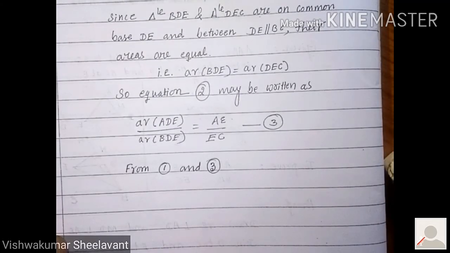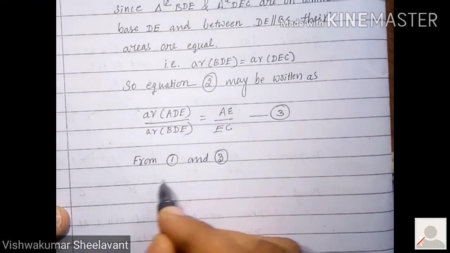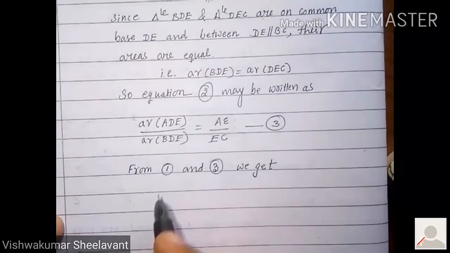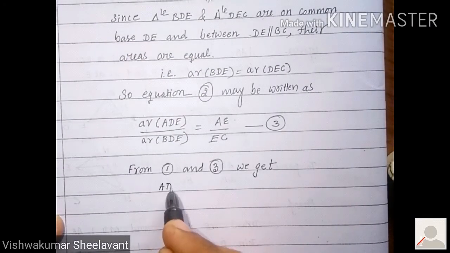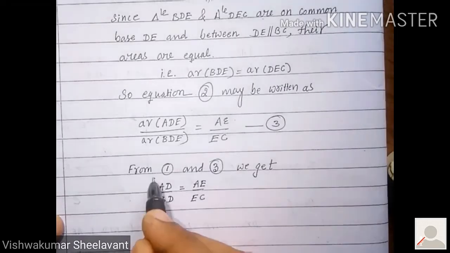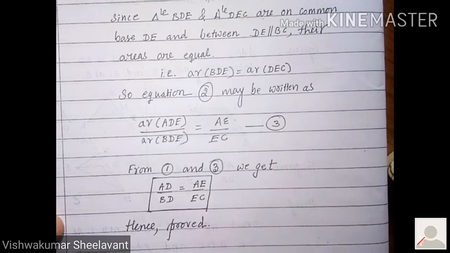From 1 and 3, we get AD by BD equal to AE by EC. Hence proved.